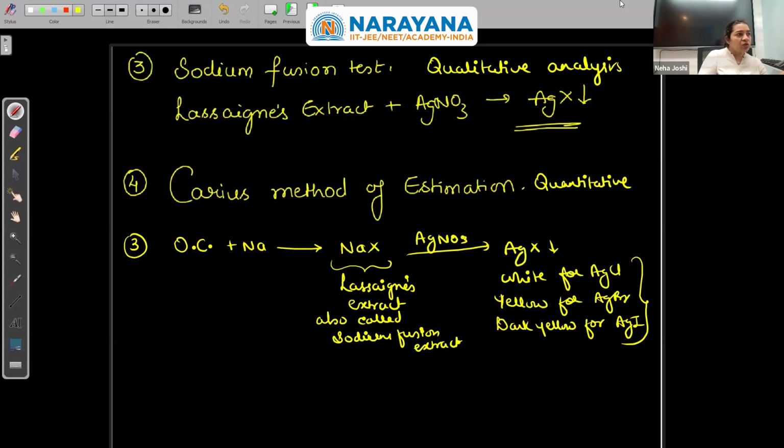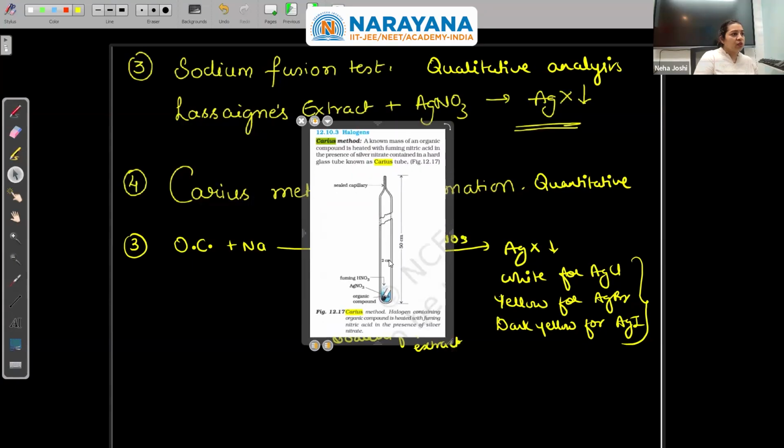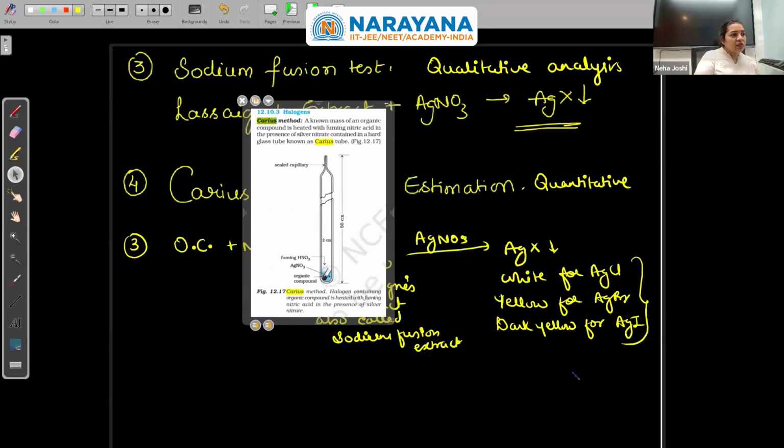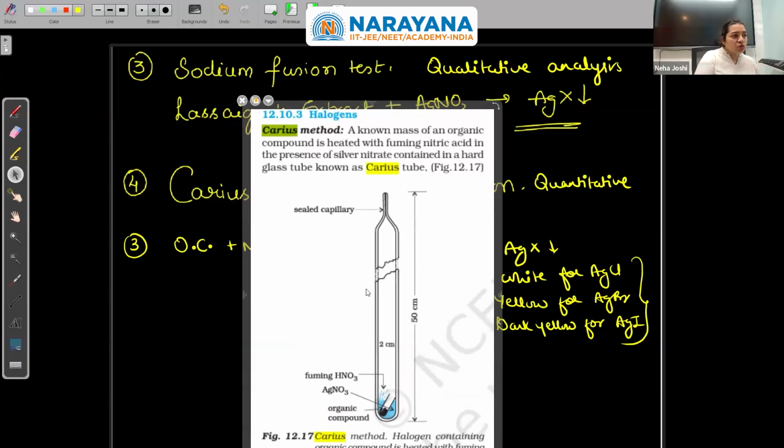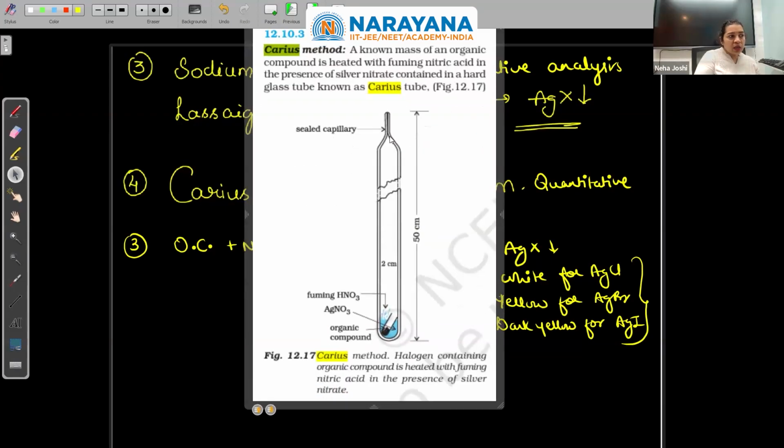I want you to just go through this. You can see this is a very strong fusion tube. In this, we keep our organic compound. See, a strong Carius tube. A known mass of an organic compound is heated with fuming nitric acid.